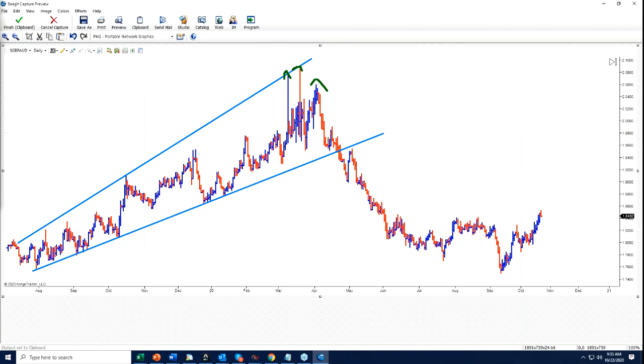And then I saw these inside bars right here, where you can see both these days, the trading range was inside the range here. And I sent out an email right there to get short. And I said my objective was 178 because that was the beginning of the ascending broadening triangle.